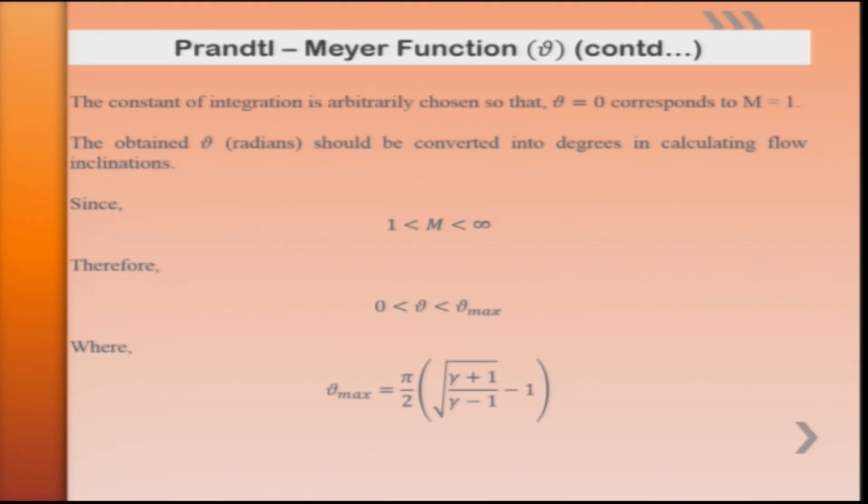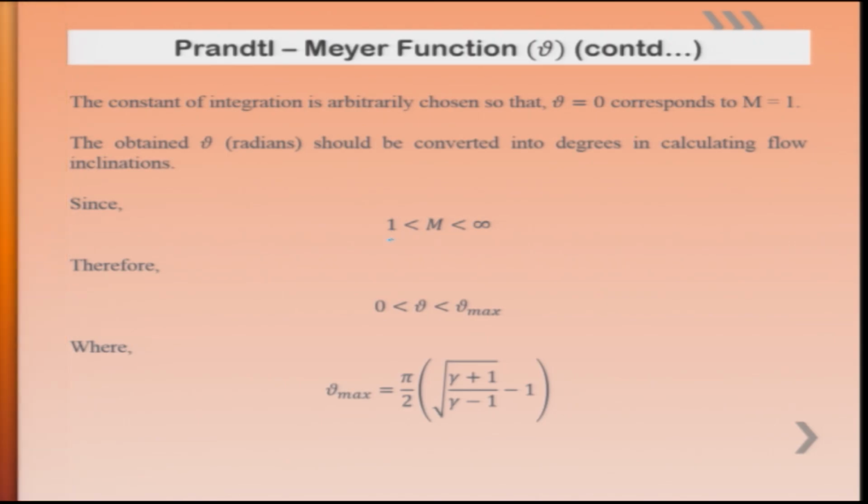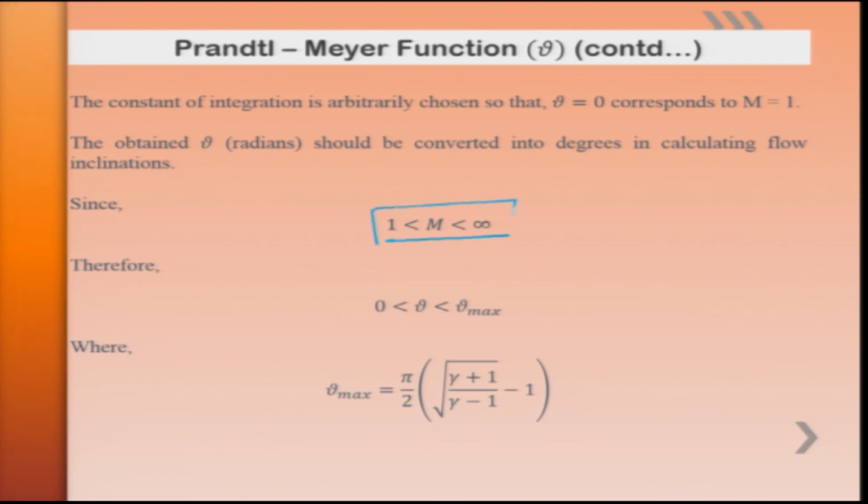Here we can also see that the Mach number is an unbounded parameter, that is, as low as 0 or up to infinity. Here I am taking, for a supersonic case, that the Mach number should always be greater than 1.